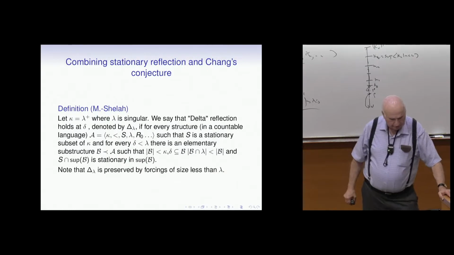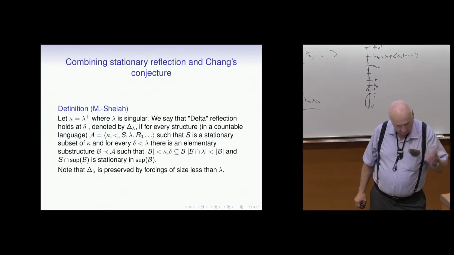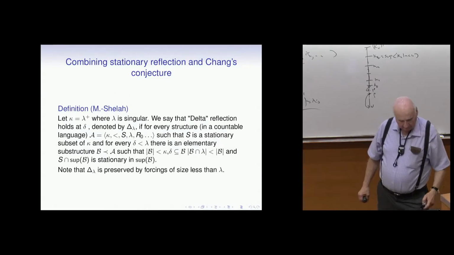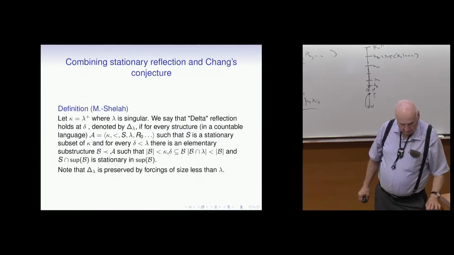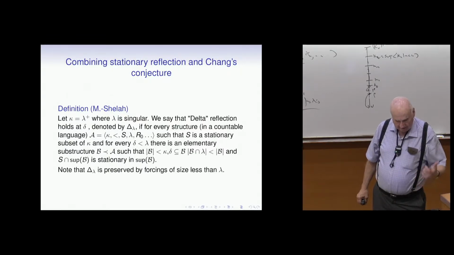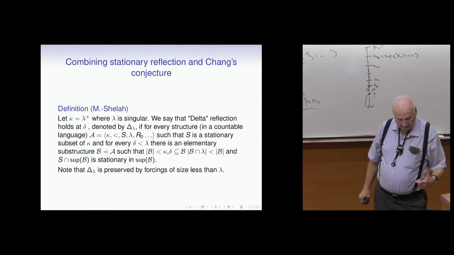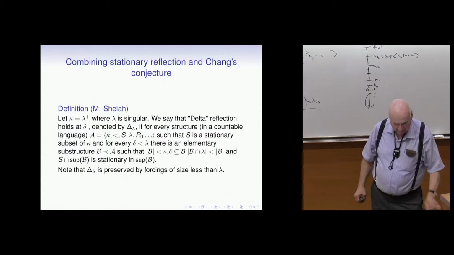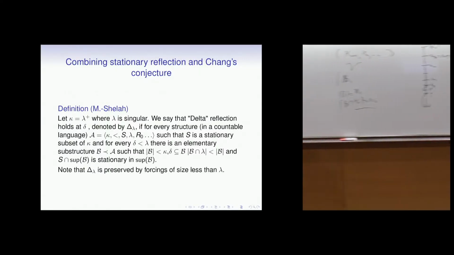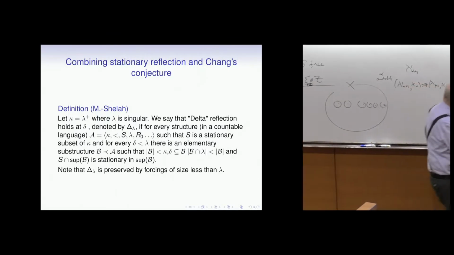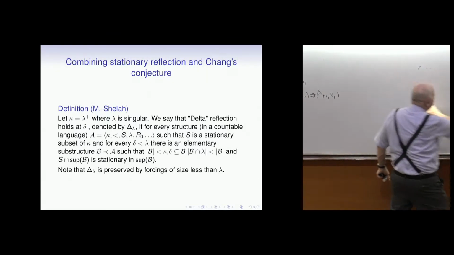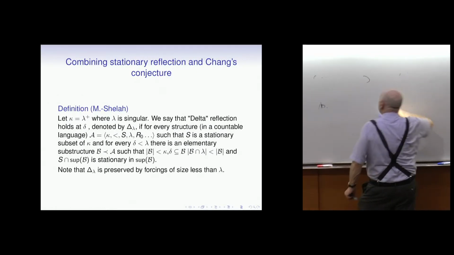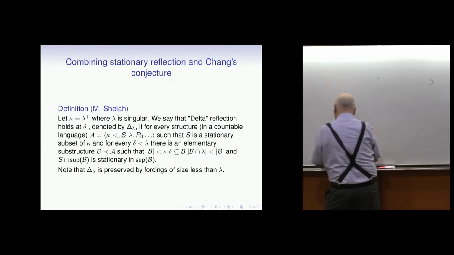We say the delta reflection holds at lambda, denoted by delta of lambda, if every structure such that S is a stationary subset, you can get an elementary substructure that is a witness to the weak Chang conjecture, namely its intersection with... I'm so sorry. Okay, let me state it like that. I wrote this after a very bad jet lag. So okay, here is the combination of Chang conjecture and stationary reflection.